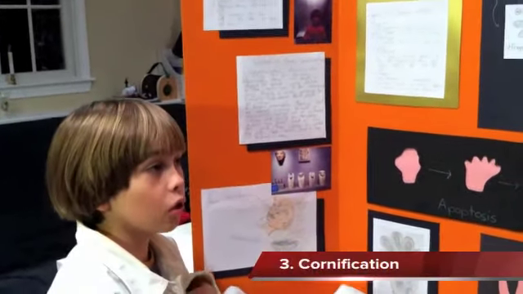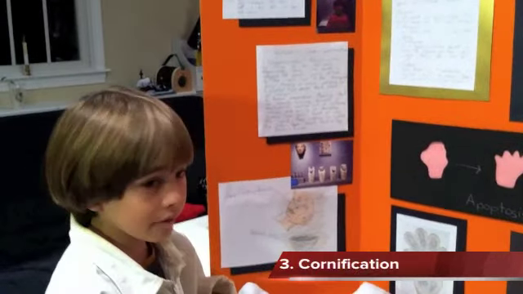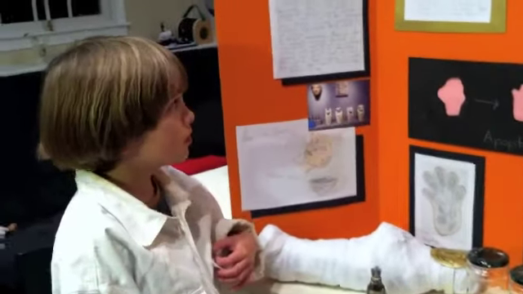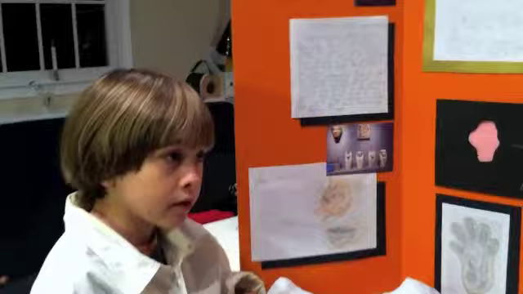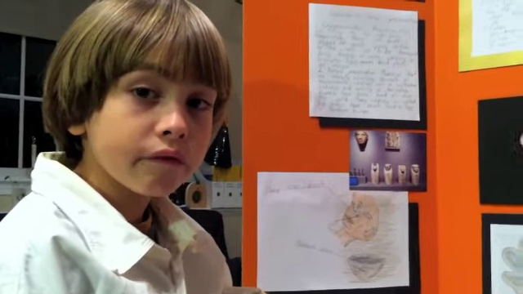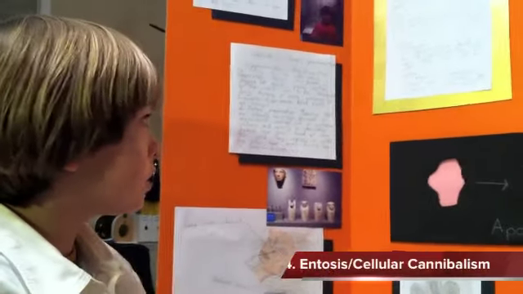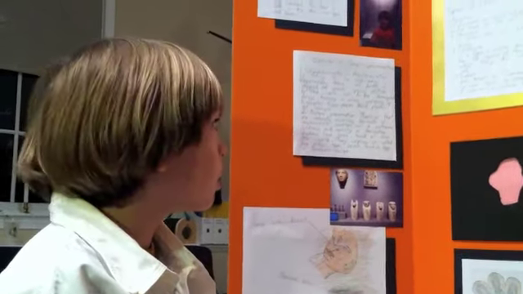Three is cornification. Cornification is a type of cellular death on the top layers of the skin where they die and fall off. Four is entosis, also known as cellular cannibalism, seen in some types of cancer, a cellular disease.